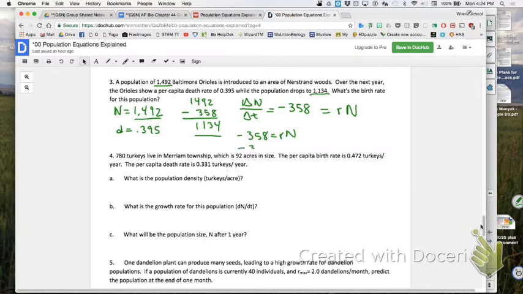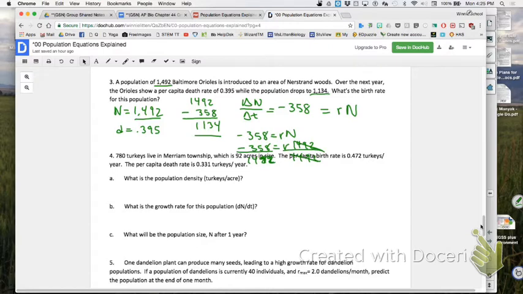So minus 358 equals R times 1,492. So now what you can do is divide both sides by 1,492, and then this will give you R. So 358 divided by 1,492.